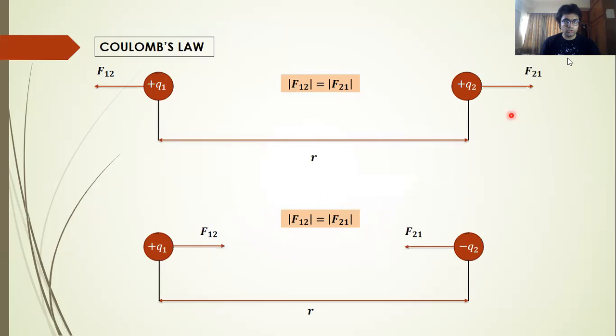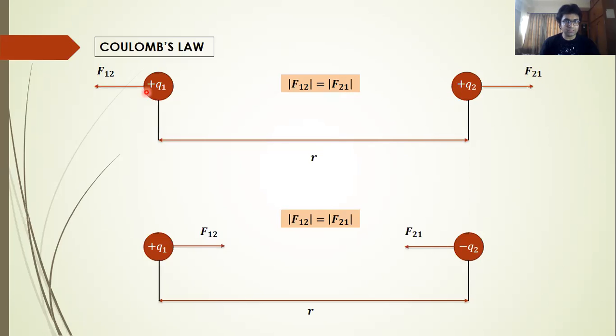Okay. So you can see the separation between the charges is r, and the force on charge 1 due to charge 2 is F12. That is the force on charge 1 due to charge 2. And F21 means the force on charge 2 due to charge 1.